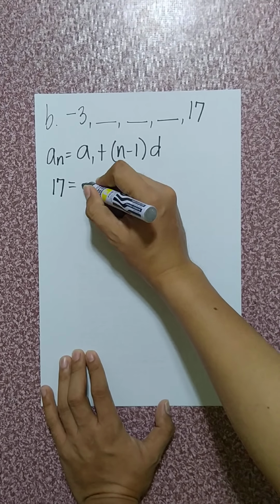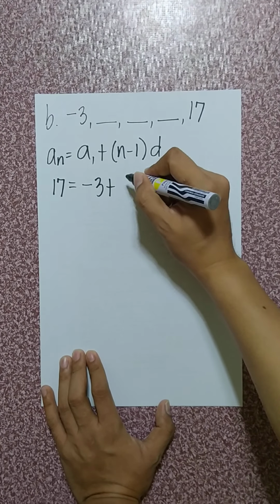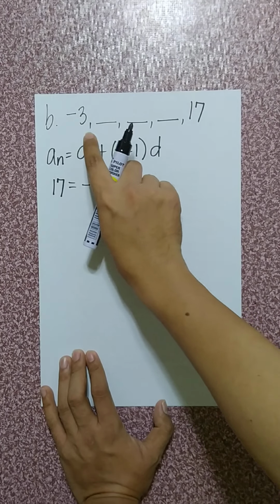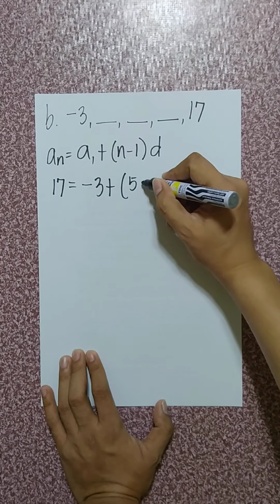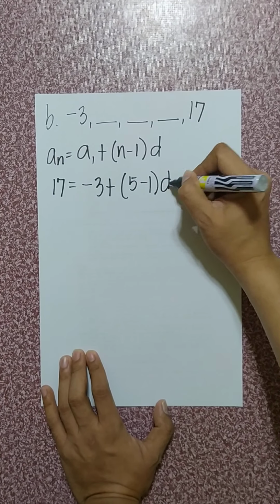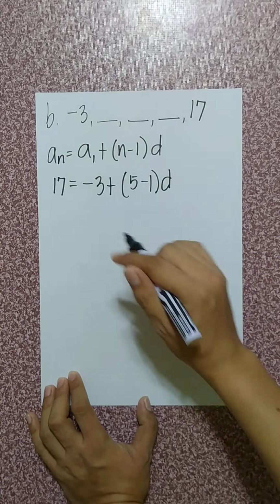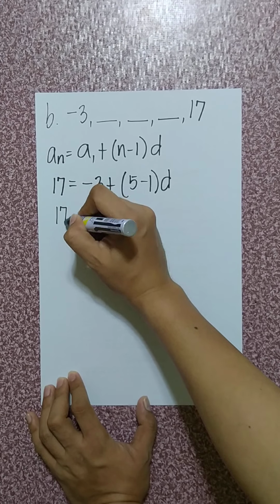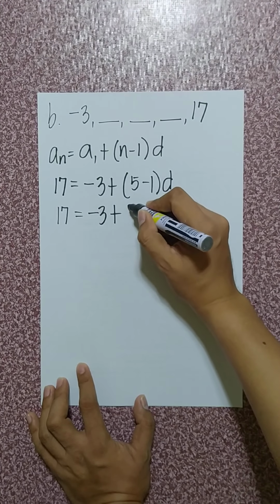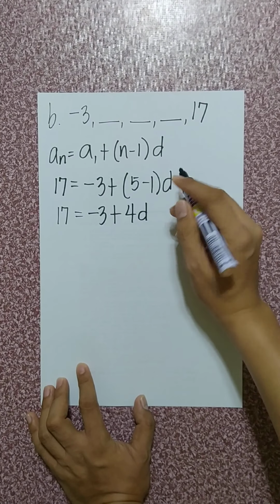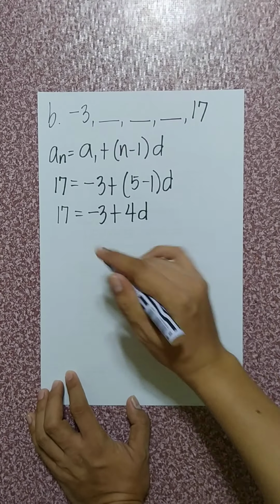A sub 1, we have negative 3 plus, and let's count all the terms. So, 1, 2, 3, 4, 5 minus 1 times d. So, again, let's simplify. We have 17 equals negative 3 plus 4d. So, we have 5 minus 1 is 4.